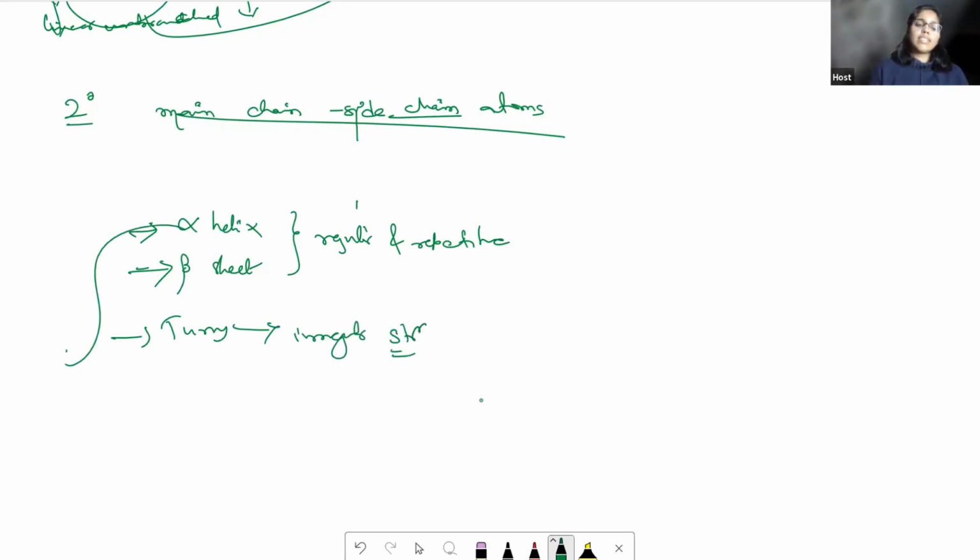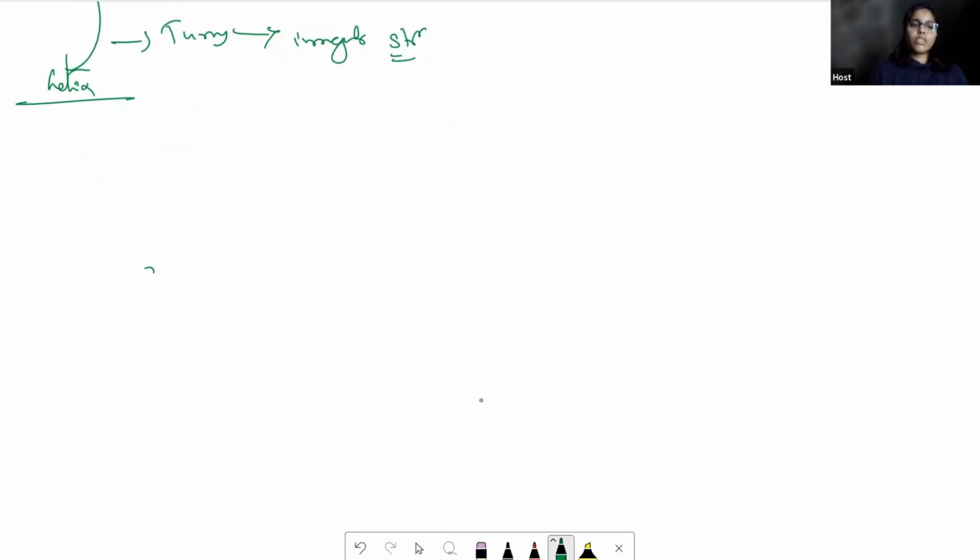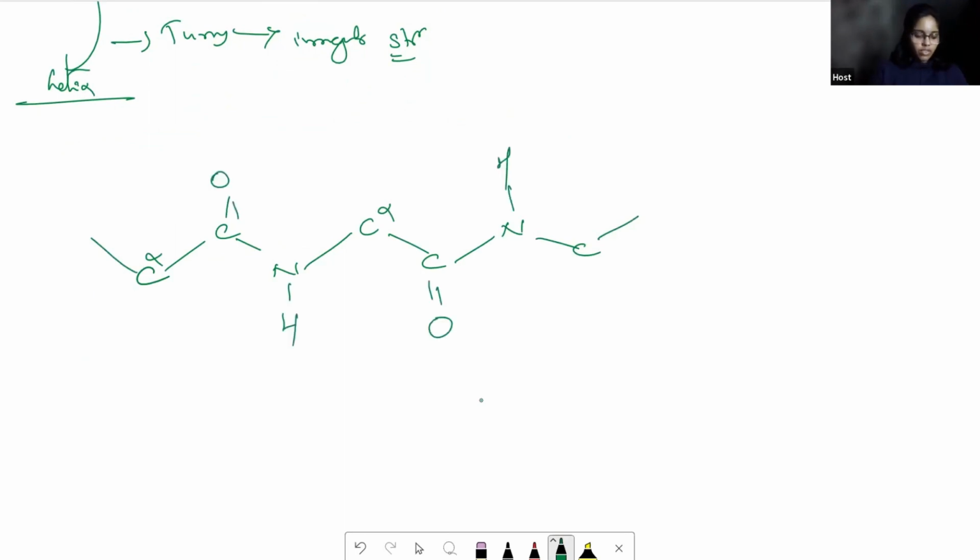Alpha helix, as the name suggests, is where your amino acids become a helix with intra-chain hydrogen bonds. You have C alpha here, C here, N here, again C alpha here. So in alpha helix, what happens?